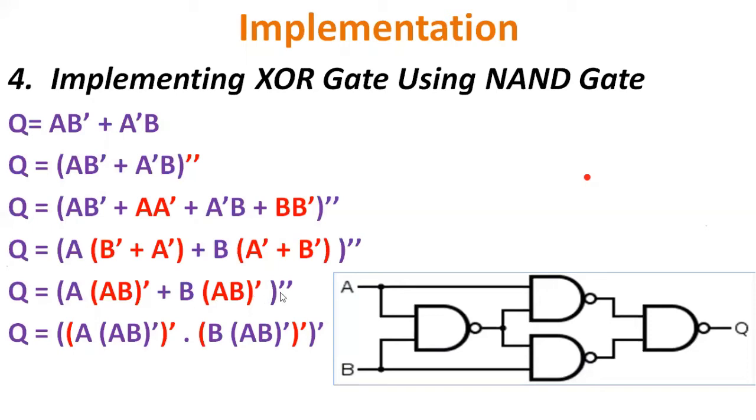So this first bar is given to the first term as well as the second term, and that's why this plus is converted to dot using De Morgan's law, and this outer bar remains as it is here. Now you understood, Shailaja? Out of these two bars, I just gave the inner bar to the first and second term by converting plus to dot.